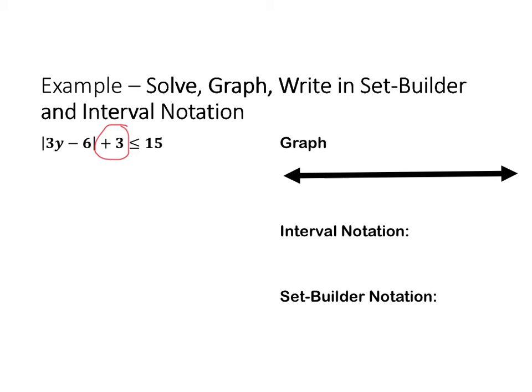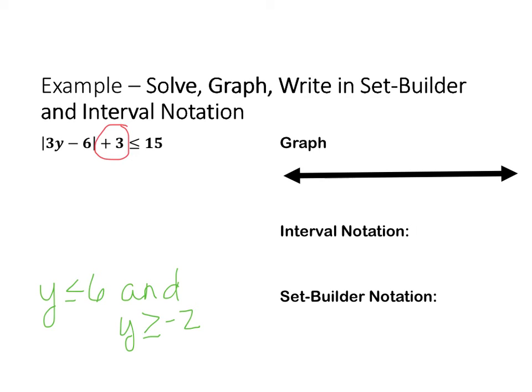Alright, I'm going to give you the answers here so you can check your work. I came up with, and you always should double check me because I'm not always right, y is less than or equal to 6, and y is greater than or equal to -2.